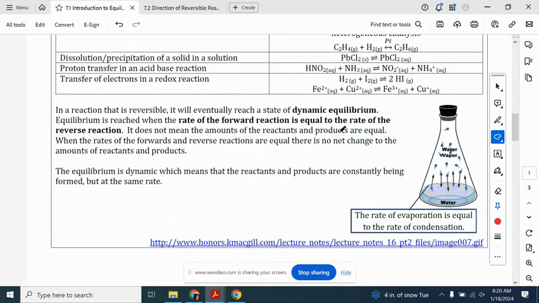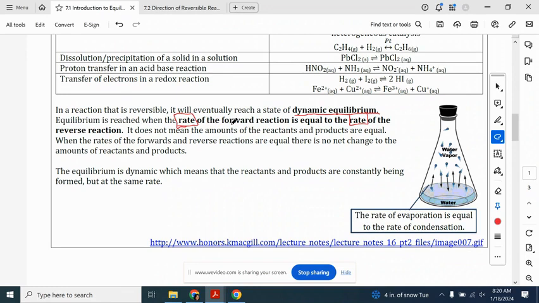This is called dynamic equilibrium. It's where the rate, so we're getting back into rates here, which is kinetics, that was unit 5, the rate of the forward reaction is equal to the rate of the reverse reaction.